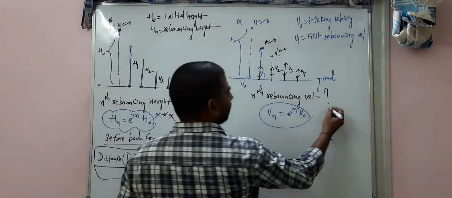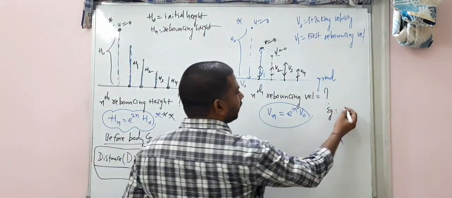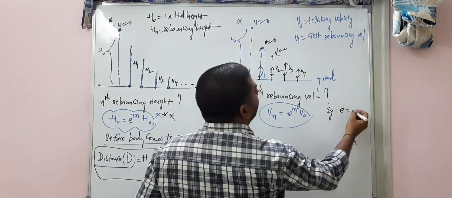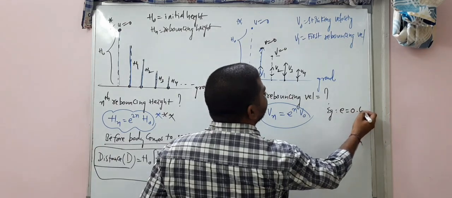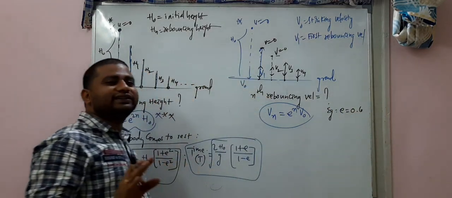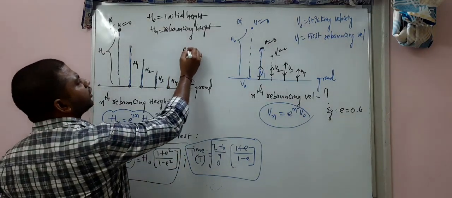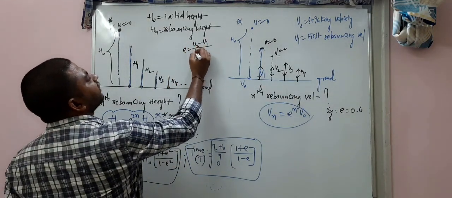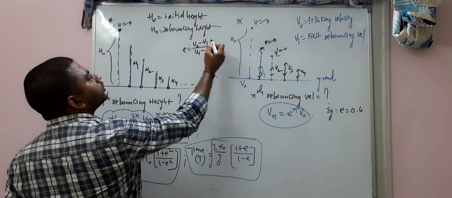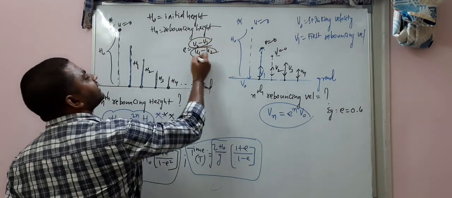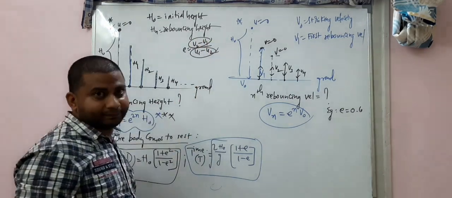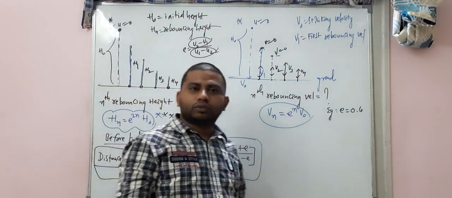Look here. For example, they gave this value as 0.6. It won't have any units, because in the numerator and denominator, v2 minus v1 by u1 minus u2, this is change in velocity, this is change in velocity. The units are the same, so the numerator and denominator will cancel.